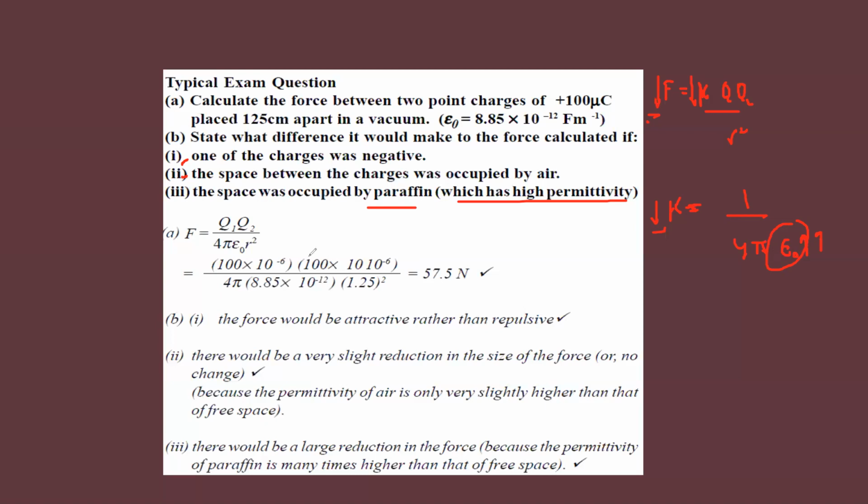So with air, it will reduce but by a very small amount. But with paraffin, it will reduce by a greater amount, because higher permittivity means greater epsilon, which means a smaller value of K, which means a weaker force between the two charges of the same magnitude.